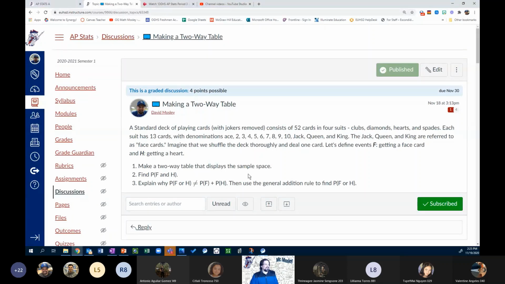Then define the probability of having a face card and it being a heart, and explain why the probability of F or H is not equivalent to the probability of F plus the probability of H. Then use the general addition rule to find P of F or H. And that's it. Any questions about the discussion board or quiz?